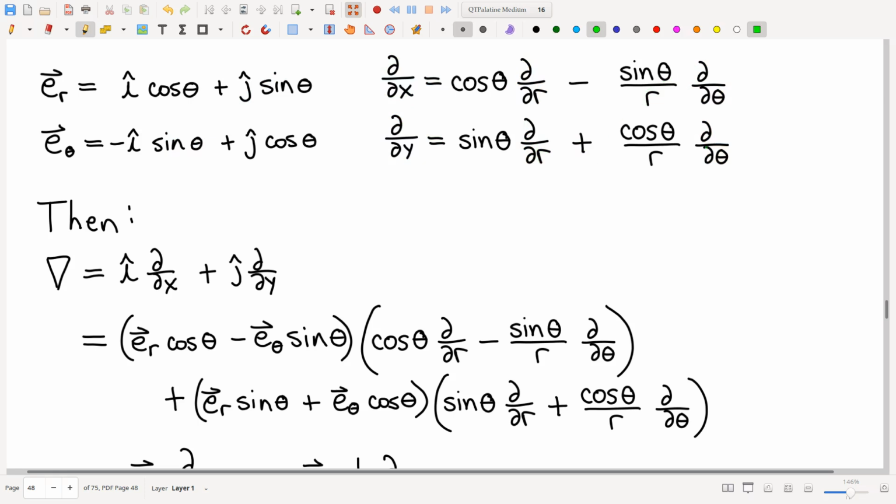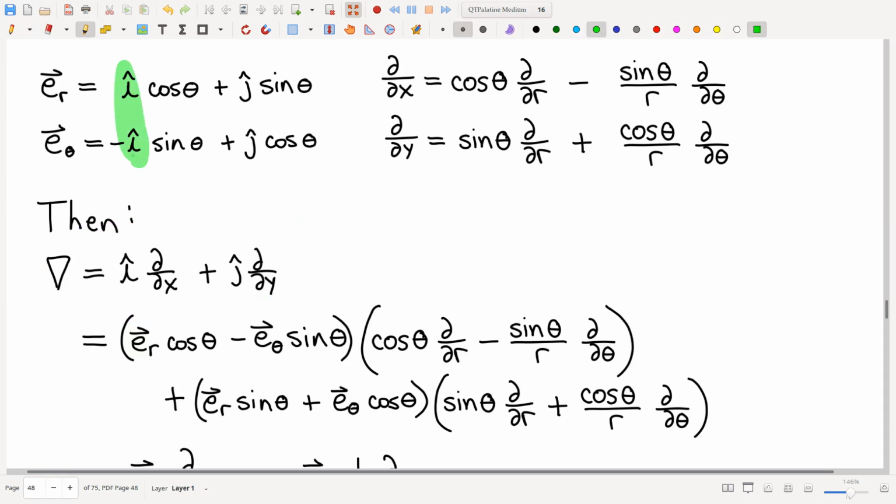And now, here's our del operator, the rectangular del operator. We've got rectangular standard basis vectors, rectangular partial operators. We know how to write all of these in polar now. And again, we're just going to plug in. There's nothing too tricky about this.